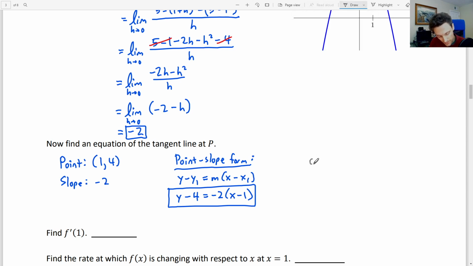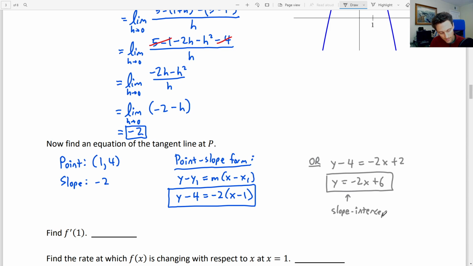Sometimes you'll see it, though, solved for y. And the way you can do that is distribute the negative 2 and add the 4. This would be called slope-intercept form, which you might recognize from your previous algebra and pre-calculus courses.